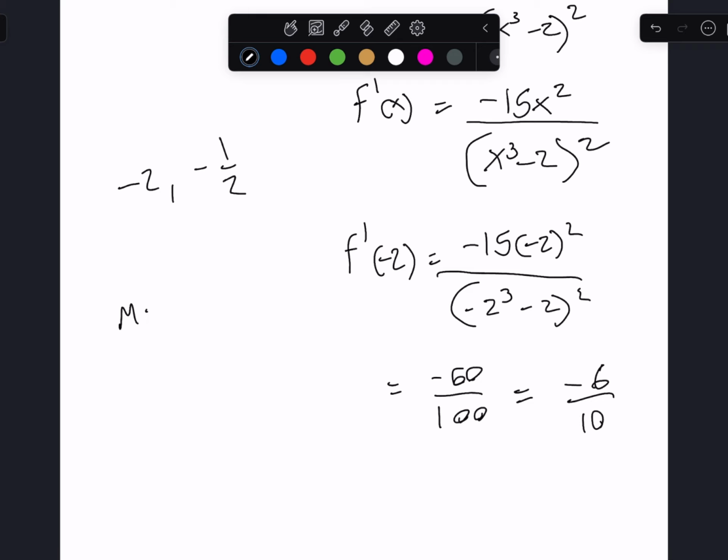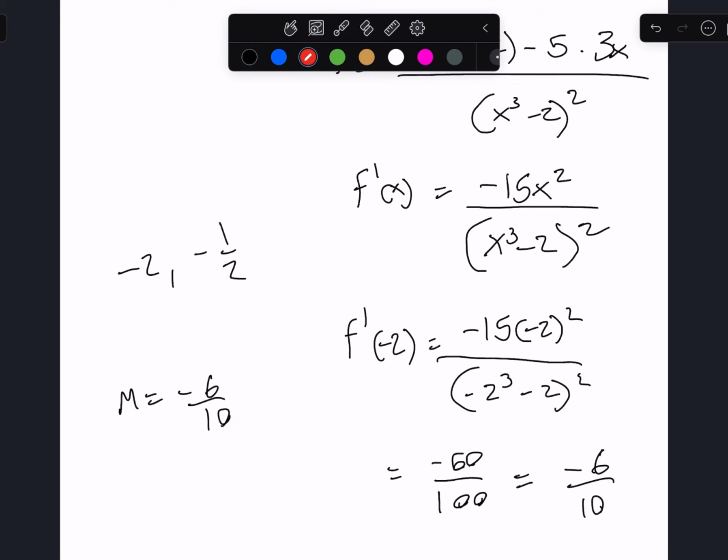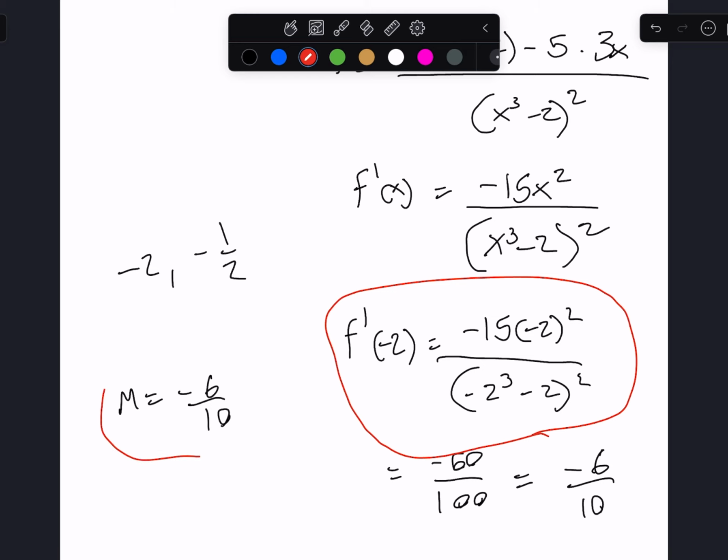And that would be our slope at that point. So this right here would be the derivative of the function at the point negative 2, negative 1/2. This would be our slope. So our final answer is going to be right here.